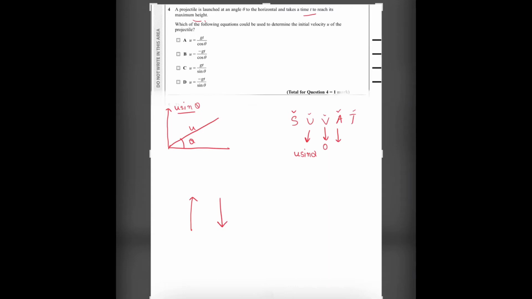So it will be minus g for upwards, and g for downwards. The acceleration is minus g and the time is t. Using these four, we have the equation v equals u plus at. V is 0, u is u sine theta, a is minus g, and t is time t.